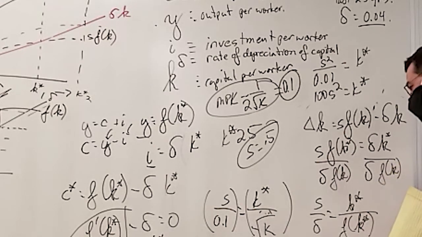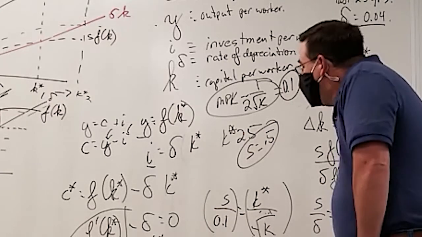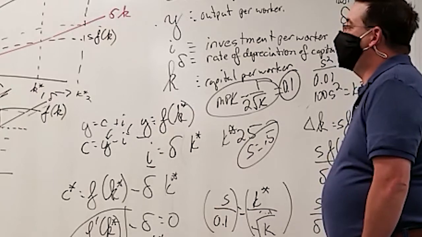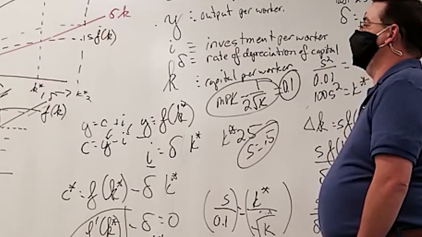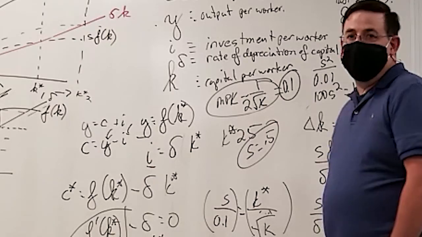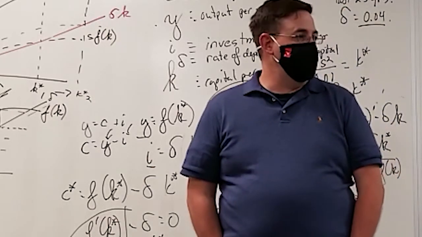The intuition, what intuition should we gather from all of this? This model is simply trying to help us understand how capital influences economic growth and if there are limits to growth.